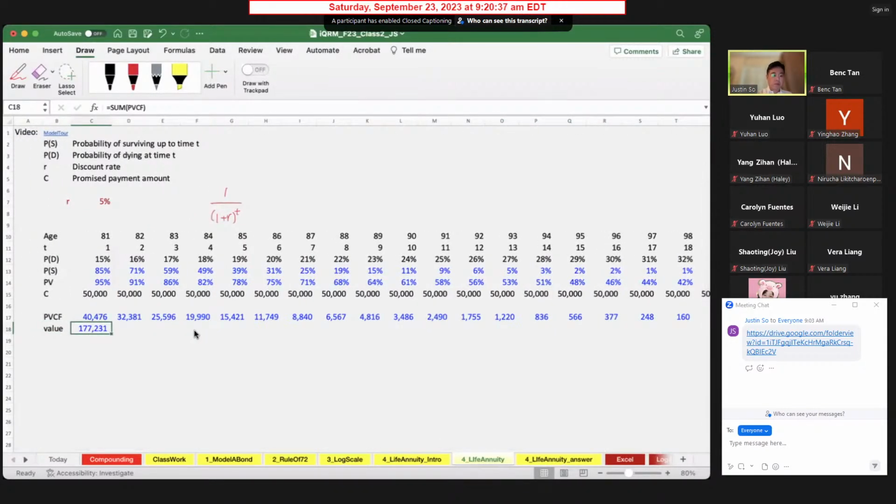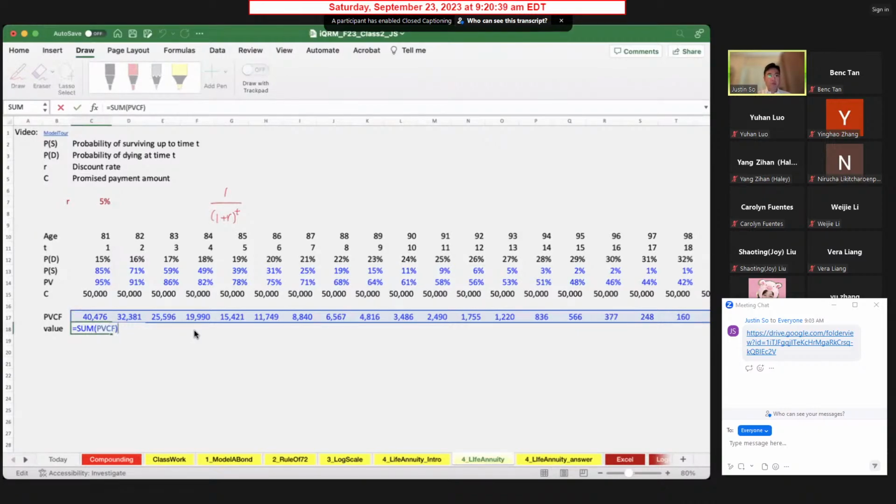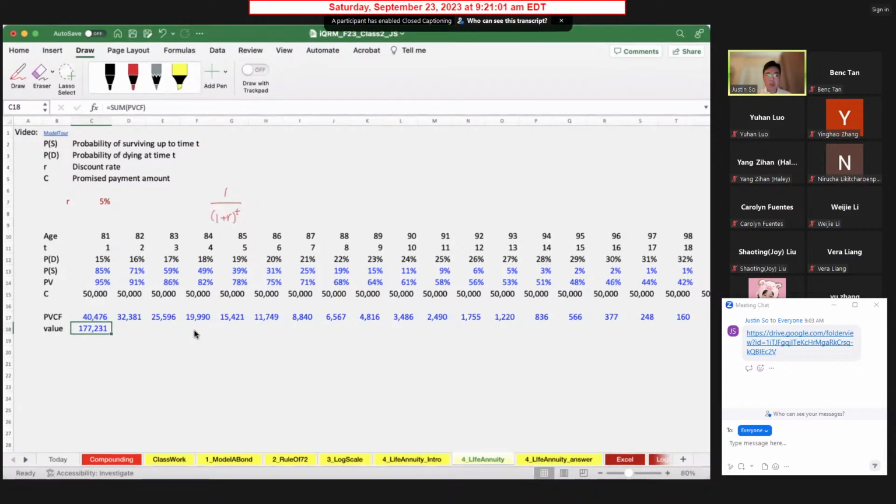So sum of PVCF, we gave a name to this array as well. You can manually select the cell range, but in this way it's easier to understand, right? But in Excel, you've got to think about what cells are actually selected. But this is the value of the life annuity product.